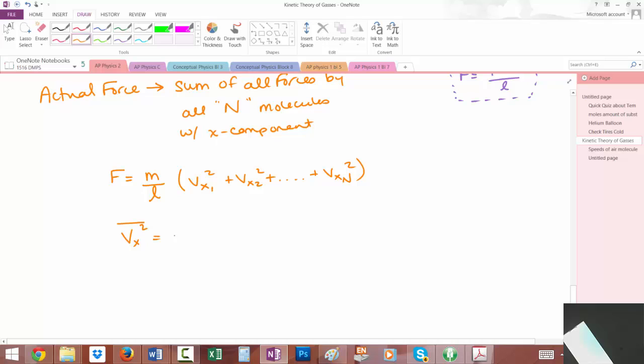So this is going to be the average of all of the velocities, the squares of the velocities, excuse me. So that's Vx1 squared plus Vx2 squared plus all of them added together, there's Vxn squared, divided by N molecules. Okay.